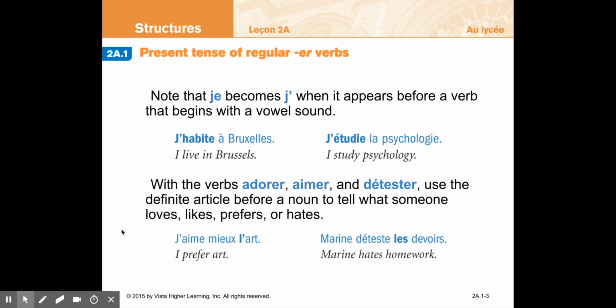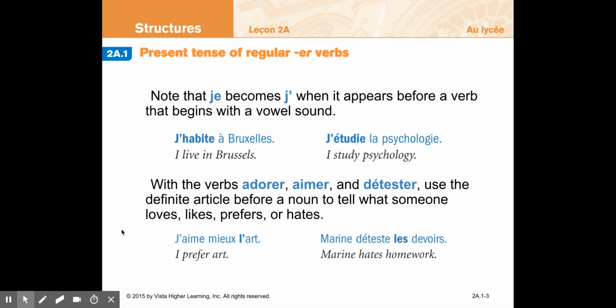With the verbs adorer, aimer, and détester, and this is new, we didn't talk about this yesterday, you're going to use the definite article before a noun. That's the le, la, les. So you're going to use the definite article always when you're talking about what someone loves, likes, prefers, or hates. These are what we call verbs of emotion.